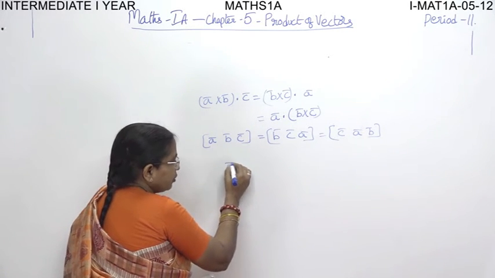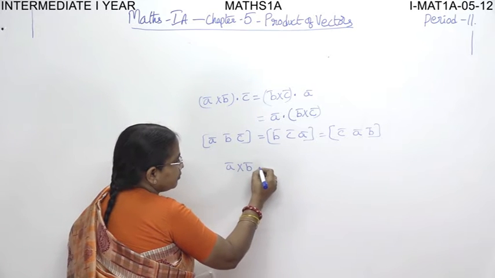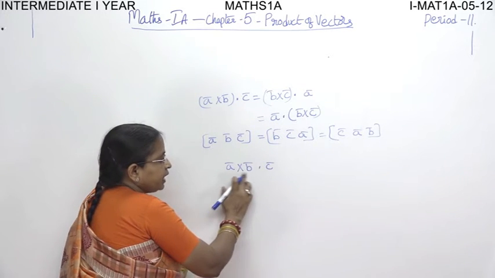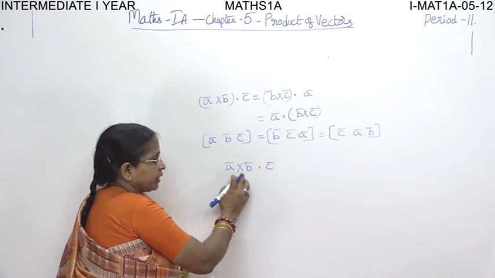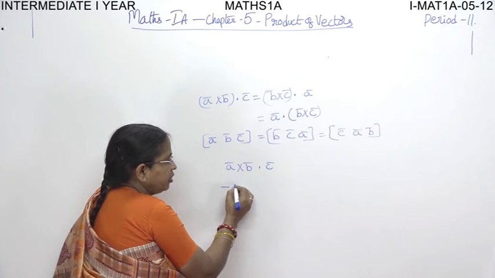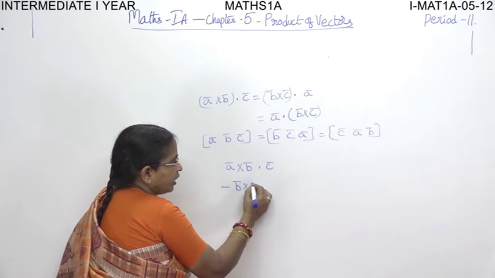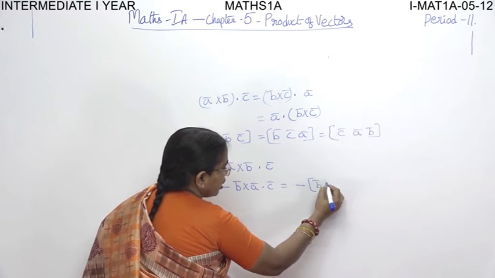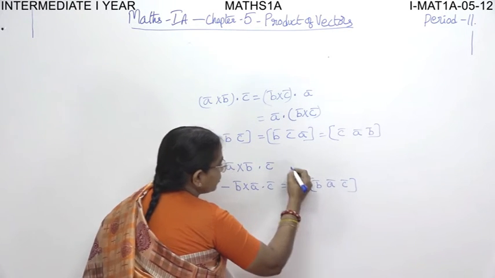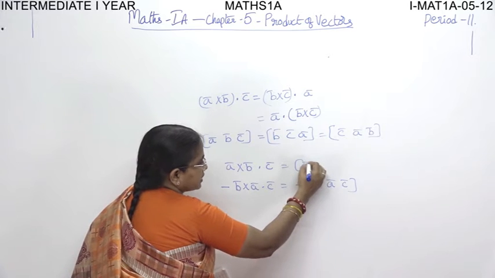Now, if we come to the properties, A cross B dot C. If I interchange the vectors in the cross product, then I should change the sign, no? So minus B cross A dot C. That means this is minus of box BAC. So this is actually box ABC.